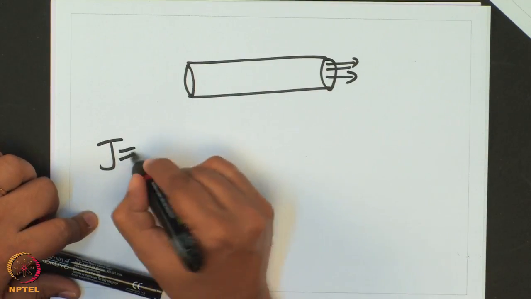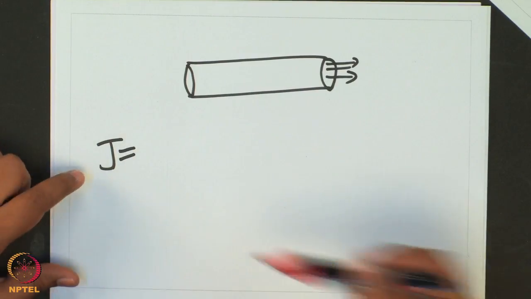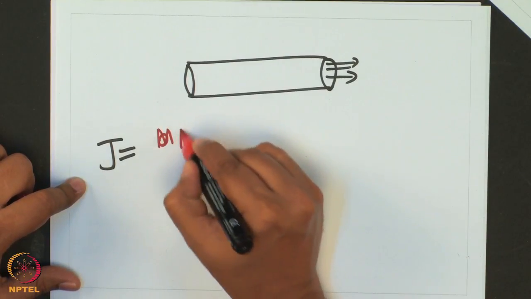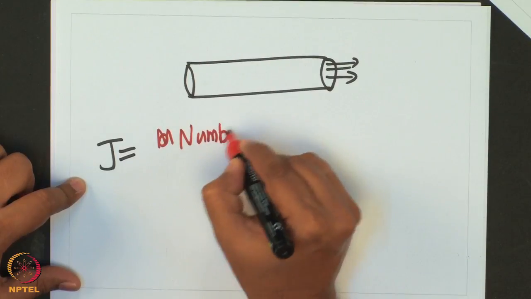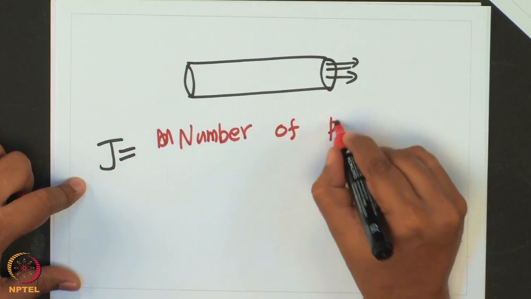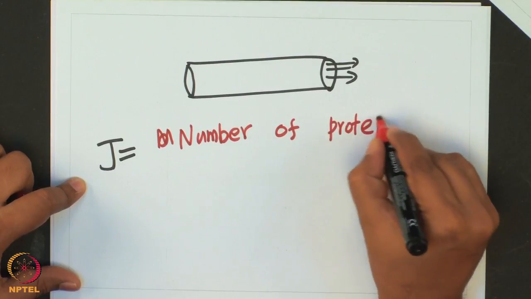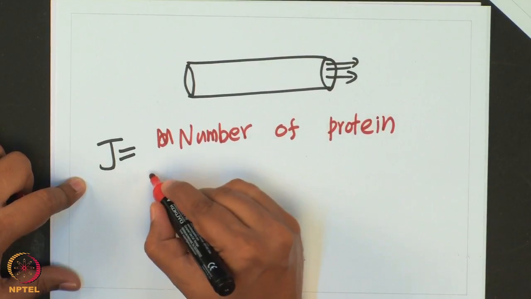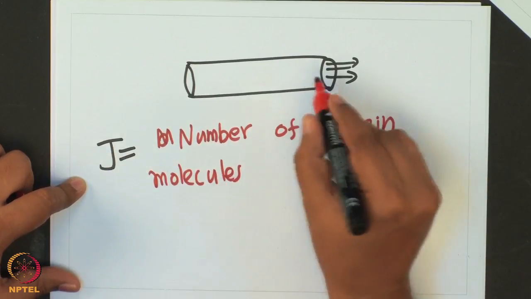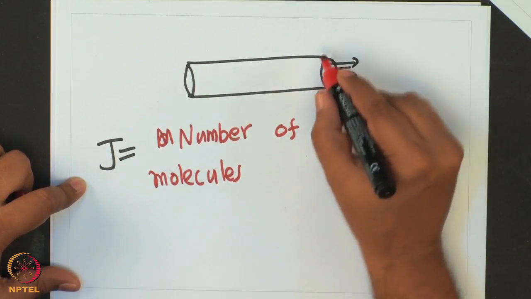J can be defined as the number of protein molecules flowing across this area.